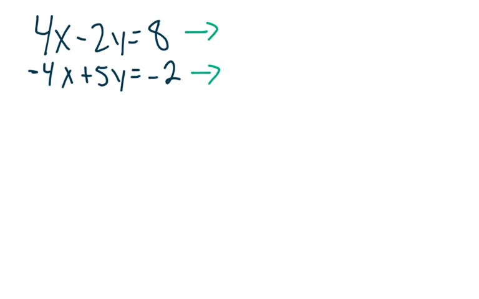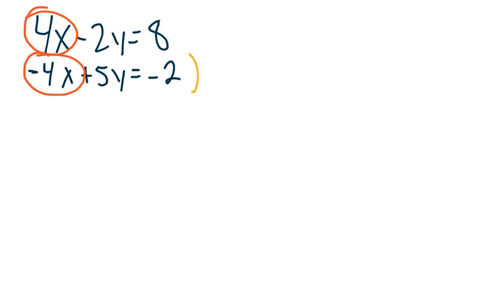If we notice, both equations have 4x. We have the 4x on top, and we have negative 4x on the bottom. Since both terms have 4x's, we can eliminate the 4x.